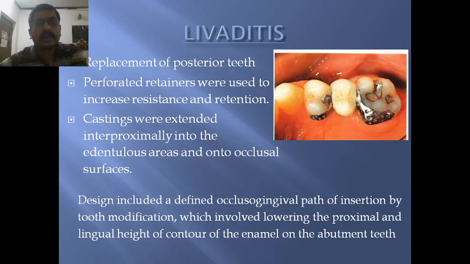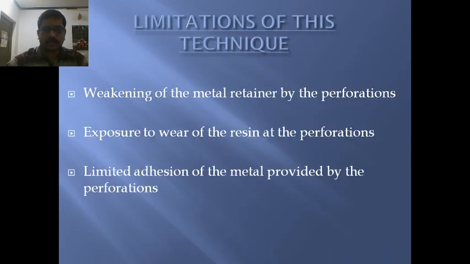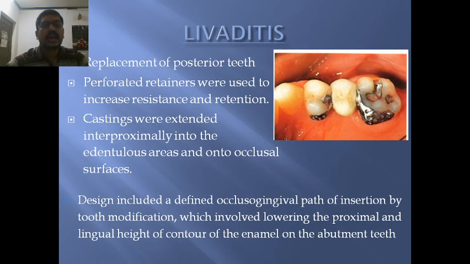Livaditis replaced posterior teeth. You can see here they used perforated retainers for increasing the resistance and retention. The castings were extended interproximally to the edentulous areas and also to the occlusal surfaces. The design included a defined occluso-gingival path of insertion.